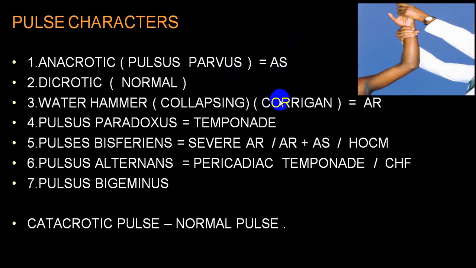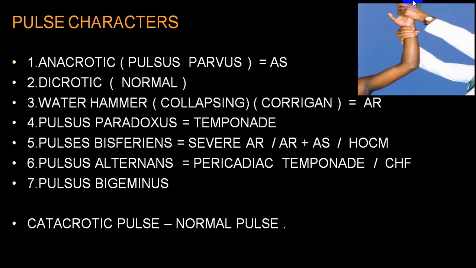While in case of aortic regurgitation, we call it a water hammer pulse, or the second name is collapsing pulse, or you can get Corrigan pulse. Now this pulse is not to be palpated at the radial, but you have to put a palm over the forearm here, this part, and you have to elevate the arm above the head, or we say above the neck. When you elevate the arm, what happens during systole?